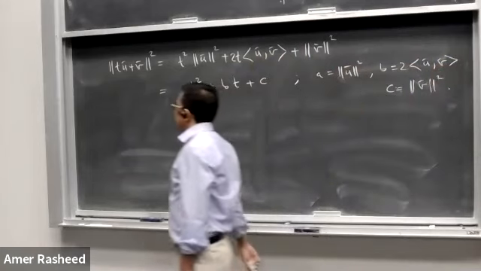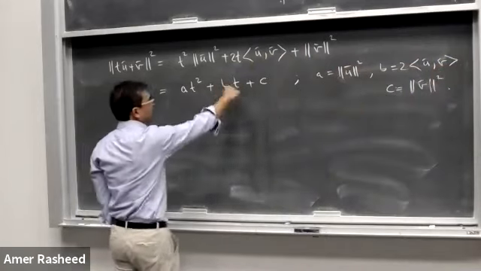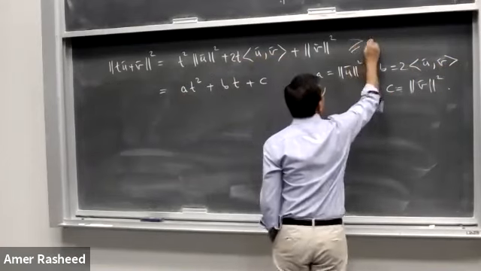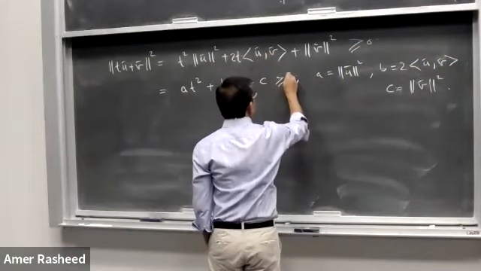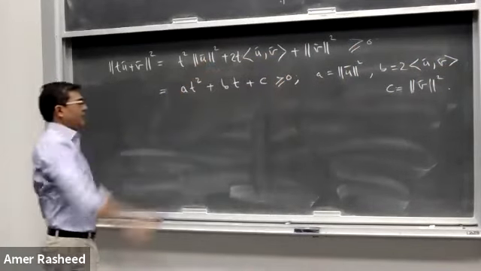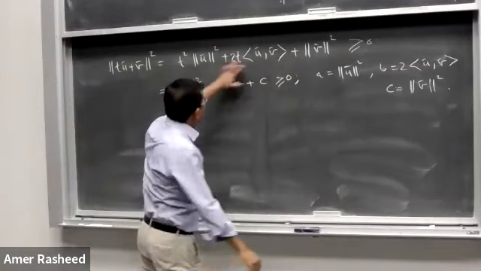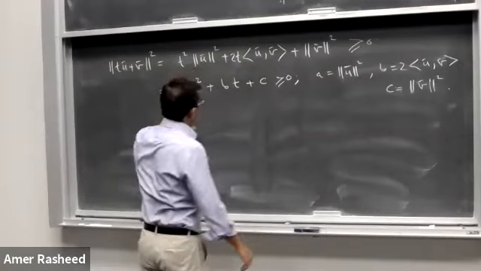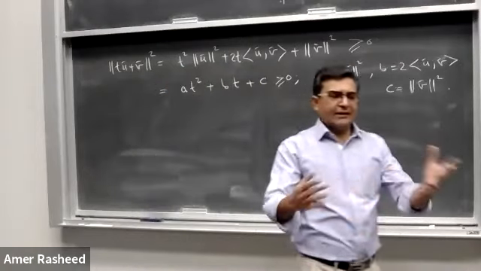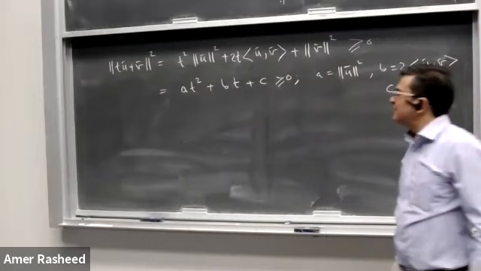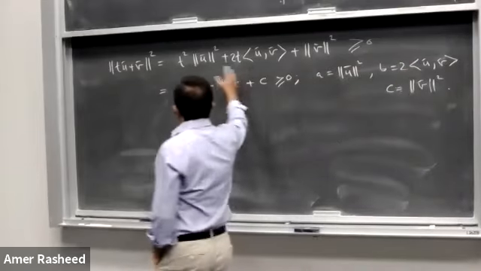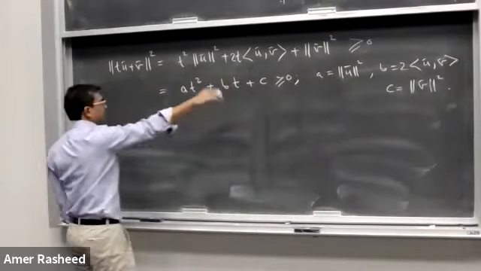Now, this whole thing is greater than or equal to 0, which comes from the previous discussion. This is a quadratic polynomial which is always greater than or equal to 0. What does it mean?